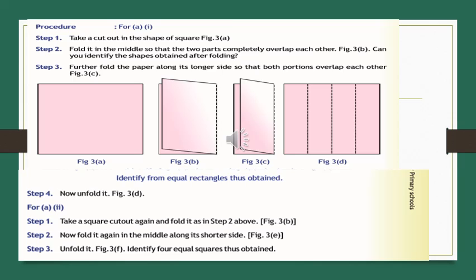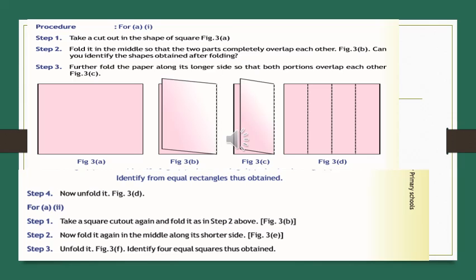Let's take a cutout in the shape of a square first. Now fold it in the middle so that you see the second figure. 3A is the square, 3B is the fold in the middle. You have to fold it so that the halves completely overlap each other. It shouldn't be unequal, it should be folded equally. Then 3C shows that again you have to fold it along the longer side so that the portions overlap with each other.